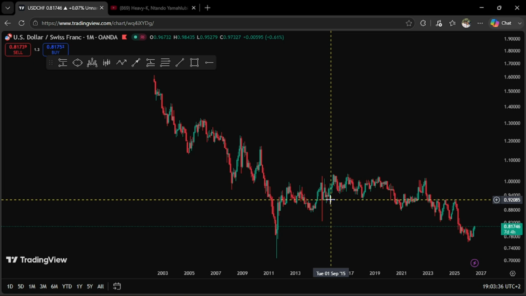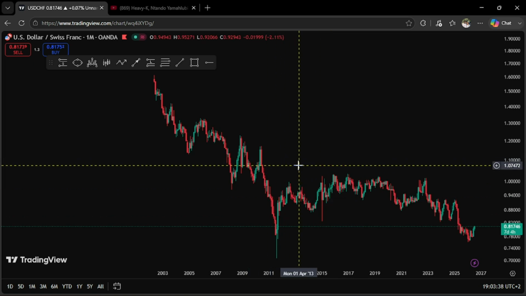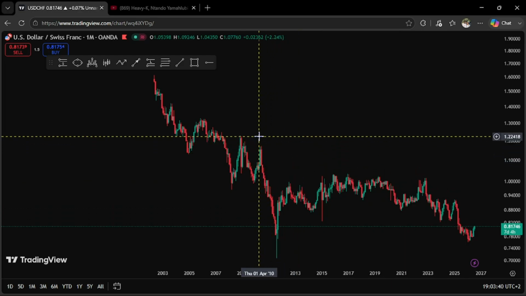So what we do is we start on a monthly time frame. The thing about the Falcon FX strategy is that you need to know the nature of the market. The nature of the market is basically the direction of the market. Where is the market headed, or in what phase is the market? Is it impulsive?